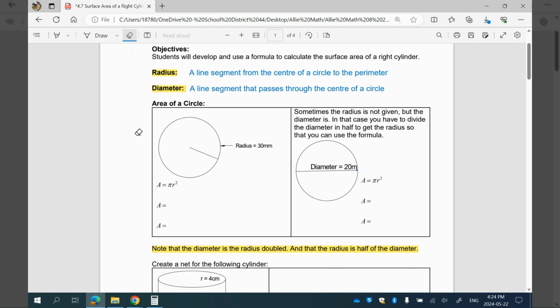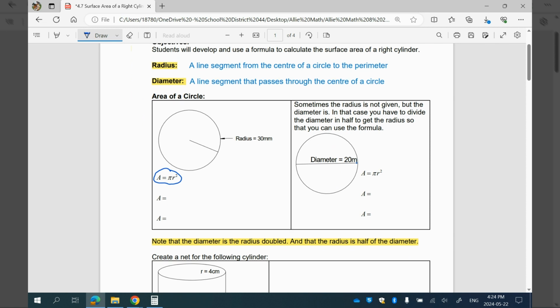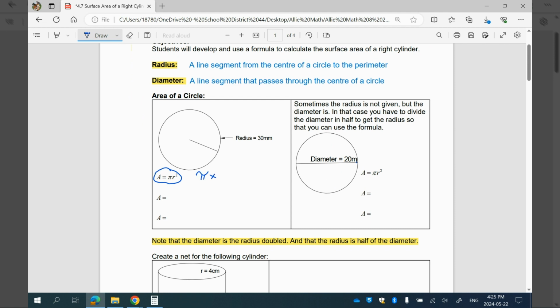And we have a formula for that, which is that the area of a circle equals pi times r squared. It's not pi times r and then squared. It's pi times radius squared.